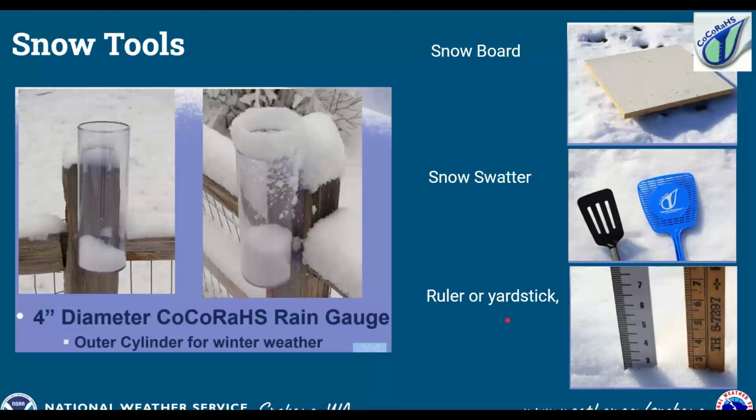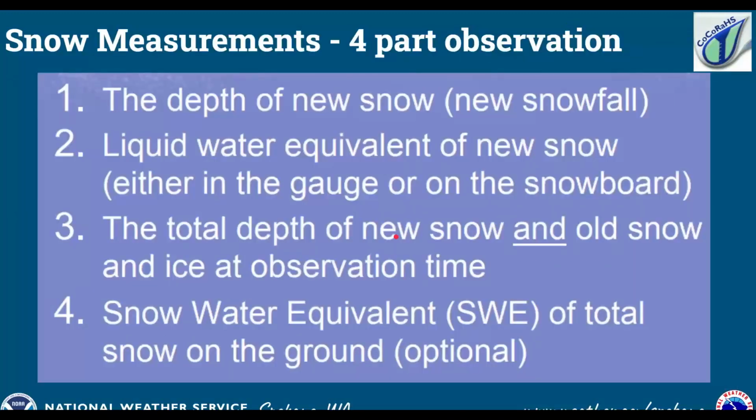Now, if you have a ruler that you're able to measure tenths of an inch, that is even better because we are able to provide new snow depth in tenths of an inch. If not, you're just going to have to round it to figure out what the accurate new snow depth is.